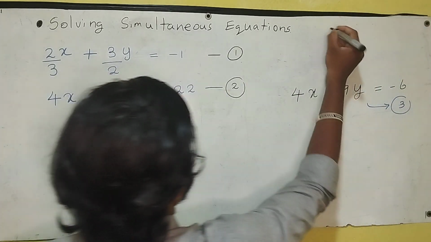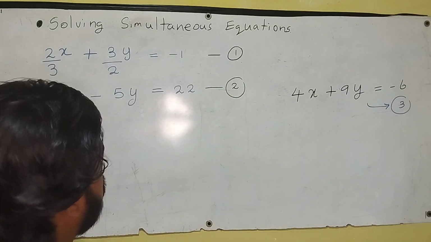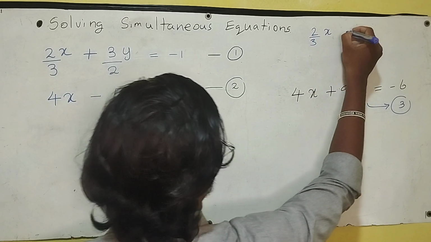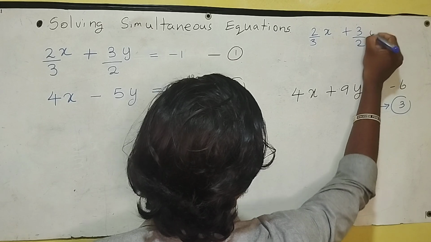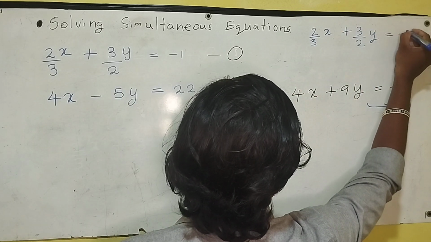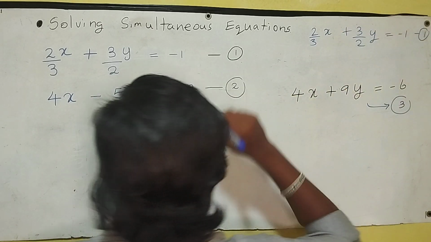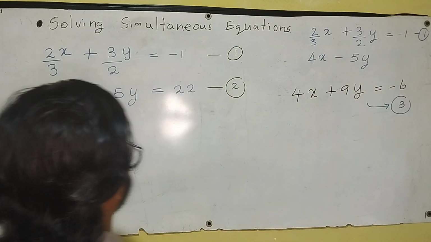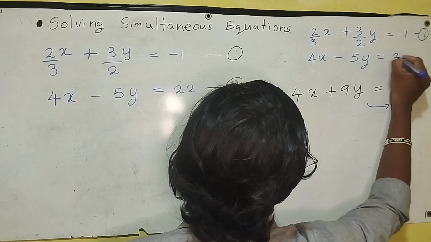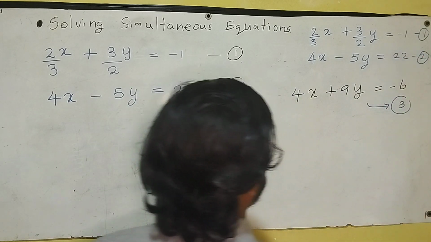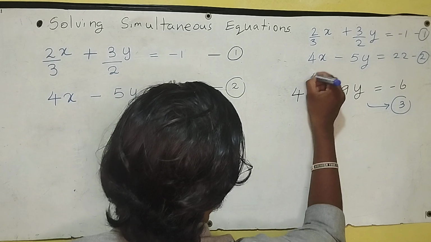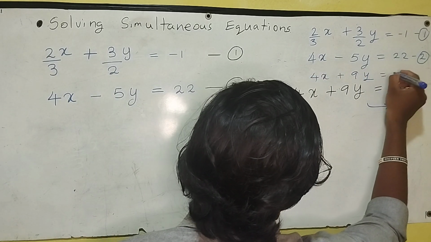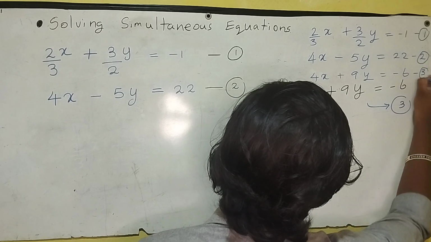Again I will write these. 4x minus 5y equal to 22, the second one. And 4x plus 9y equal to minus 6.